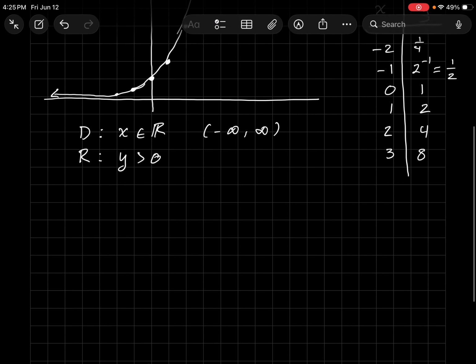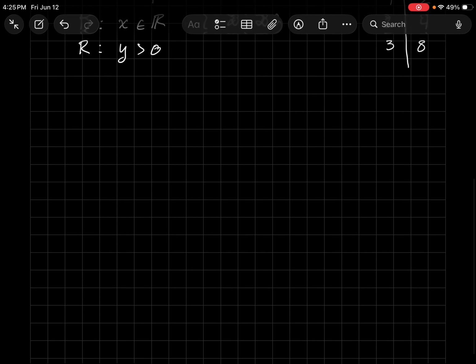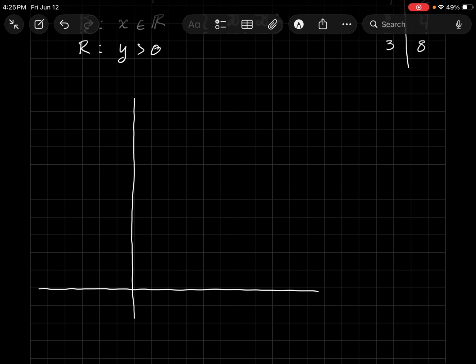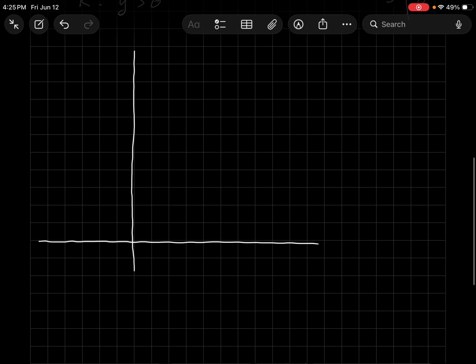Okay, well, what if we had an exponential function but where the base is a fraction between 0 and 1. So in this case, my base b is a half.